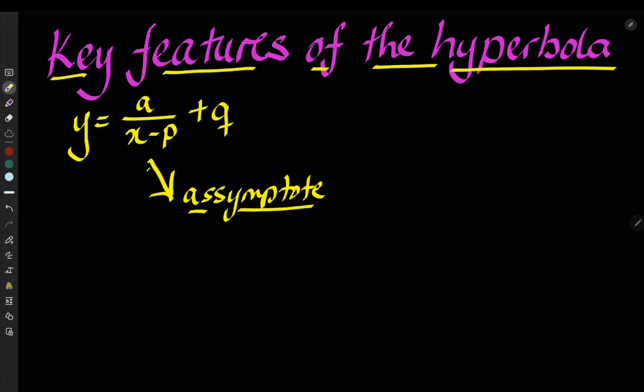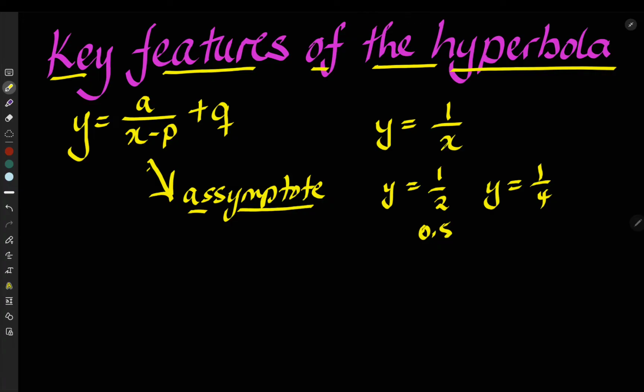So let's suppose you have got an equation y = 1/x. Let's say x is equal to 2, you end up with y is equal to a half. Let's say x is 4, you end up with y is equal to a quarter. Actually, a half is 0.5, and a quarter is 0.25. And if x is 10, you end up with 0.1.